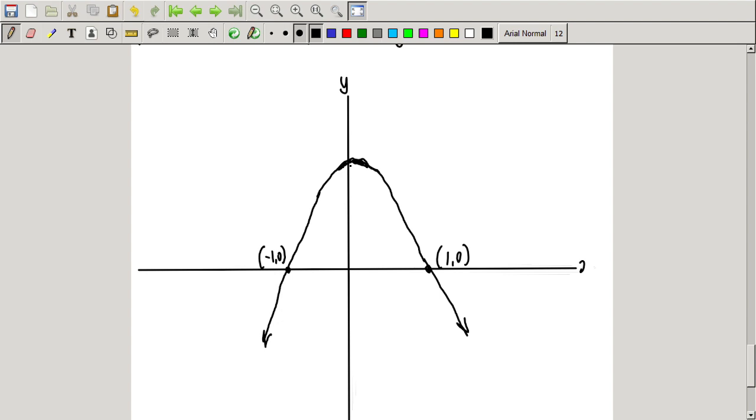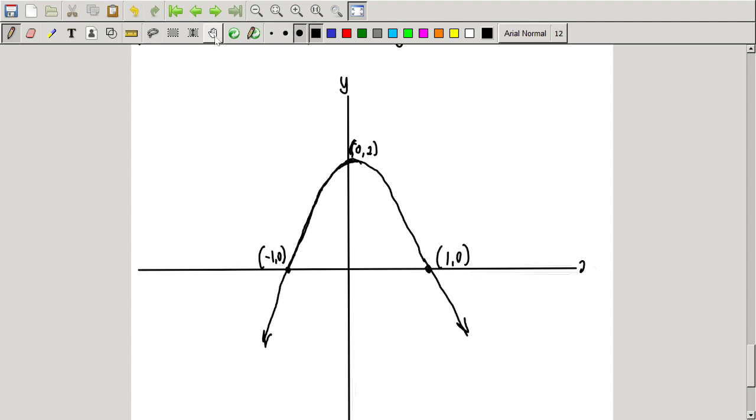The turning point is where it's turning. It's at 0 and 2. So we're done with our parabola.